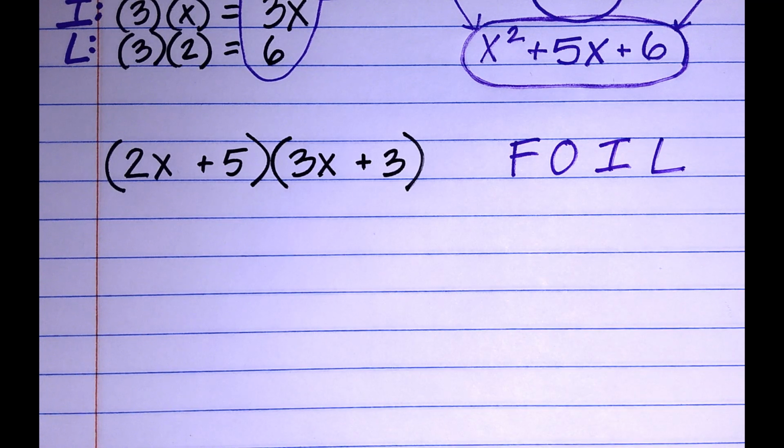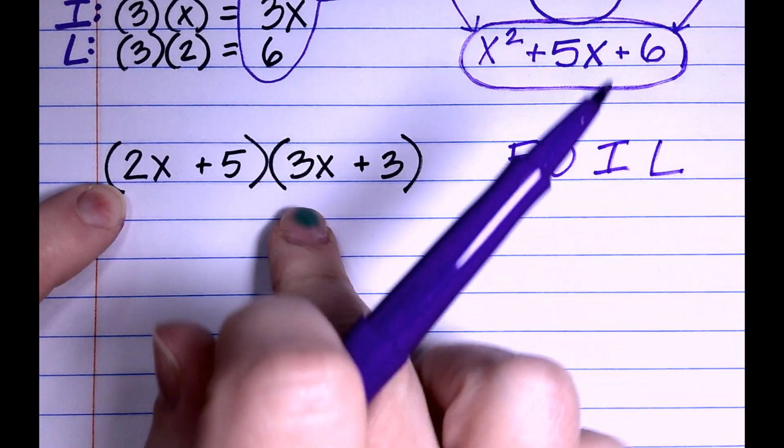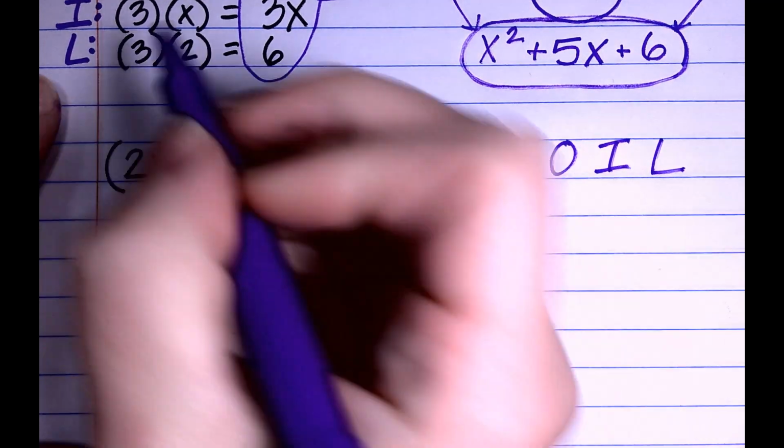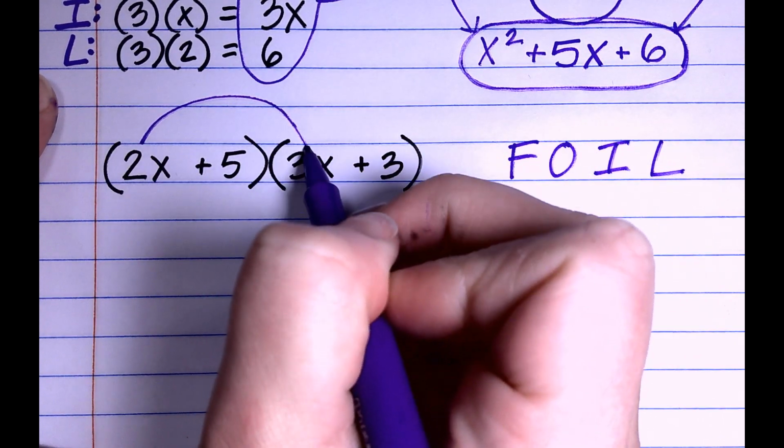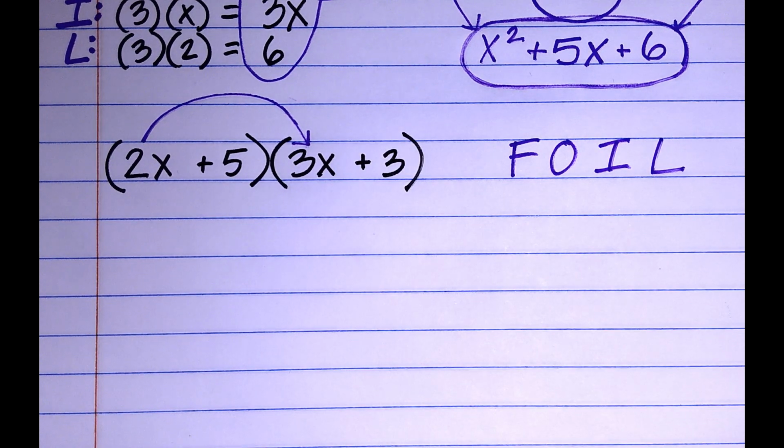So if I'm using this method, how will I begin this problem? What will I multiply first? 2x times 3x. Good. The first term from both binomials. 2x times 3x. That comes first.